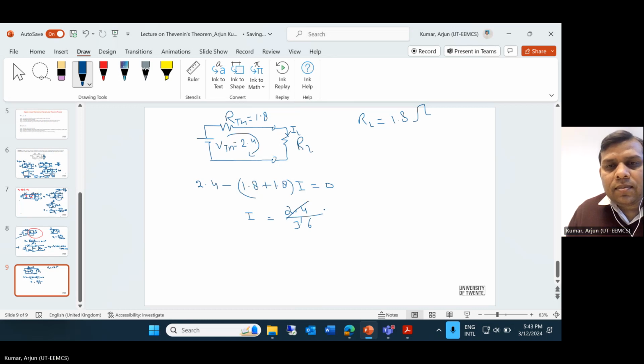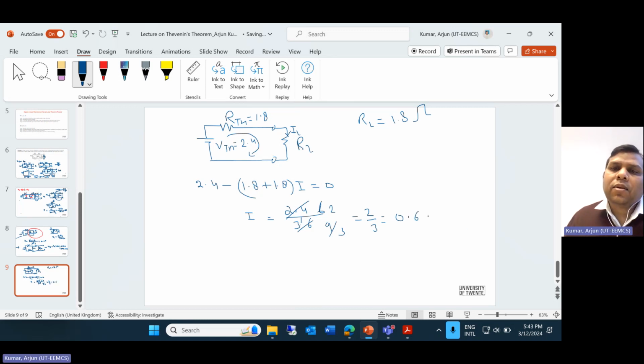So now it will be 2/3, or you can say it's 0.6 ampere current. So in this circuit, you have a 0.6 ampere current. Now you know the load current. Now you can find out the load voltage, VL, which is equal to IL into RL.